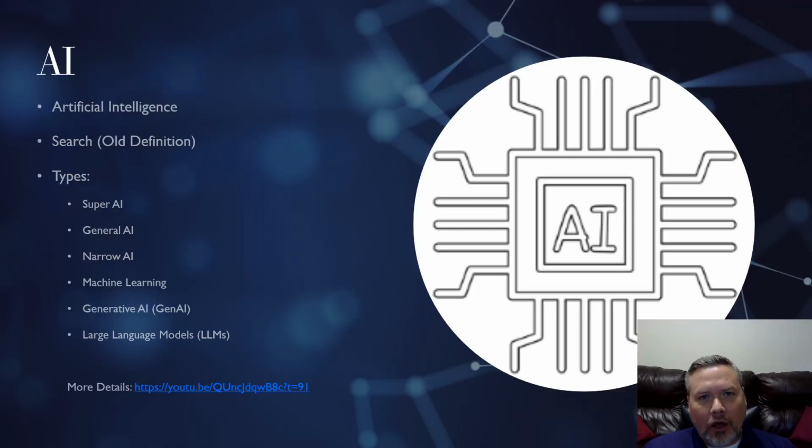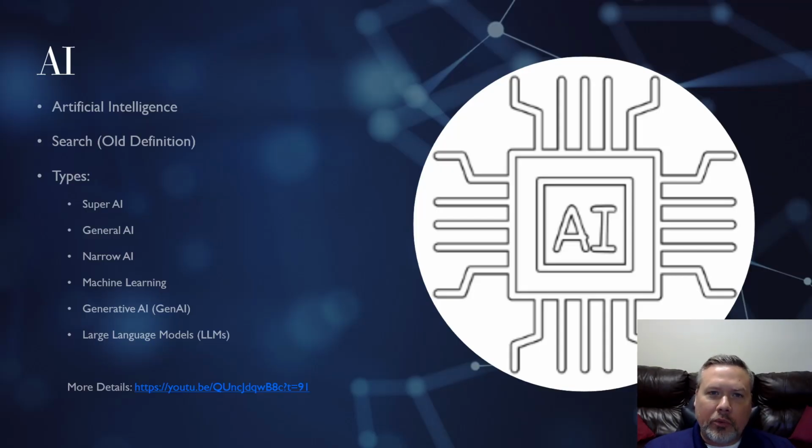Another area along those same lines is general AI, or AGI, artificial general intelligence. This is another thing that doesn't exist yet. And AGI is interested in one AI that can solve a whole host of problems.